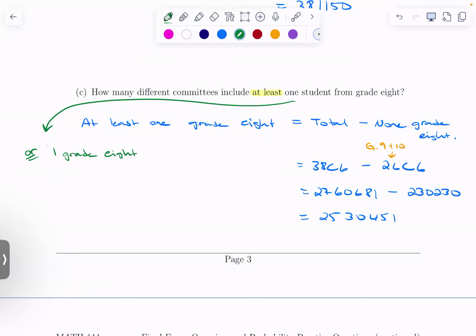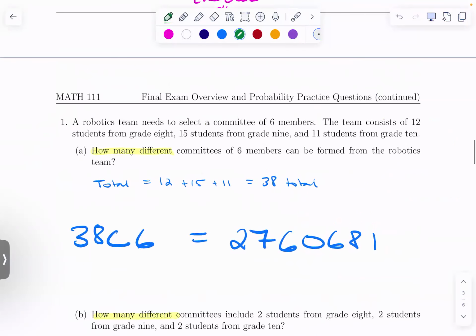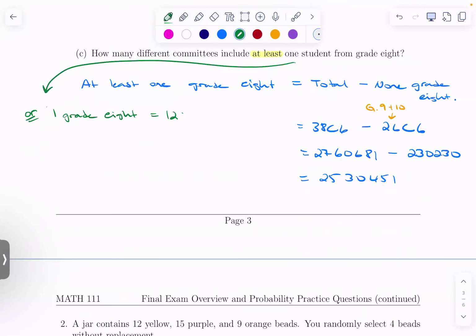So 1 grade 8 is going to be from 12, choose 1, times from 26, choose 5.